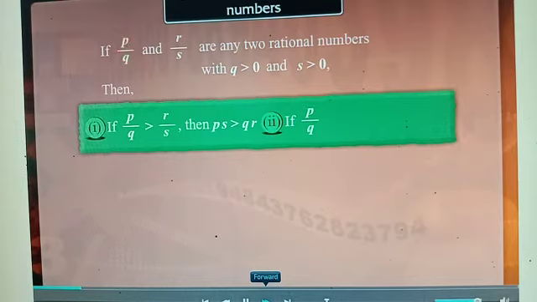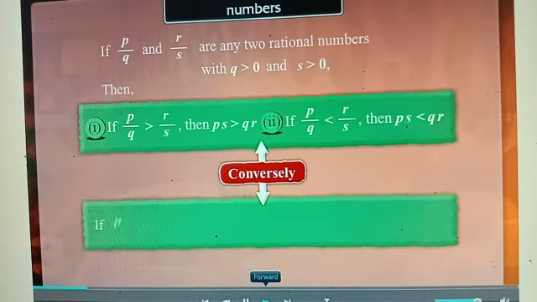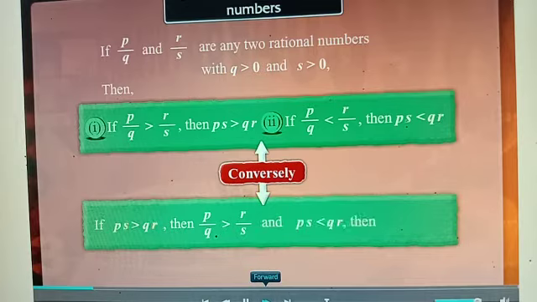Second, if p upon q is less than r upon s, then ps will be less than qr. Conversely, if ps is greater than qr, then p upon q will be greater than r upon s. And if ps is less than qr, then p upon q will be less than r upon s.